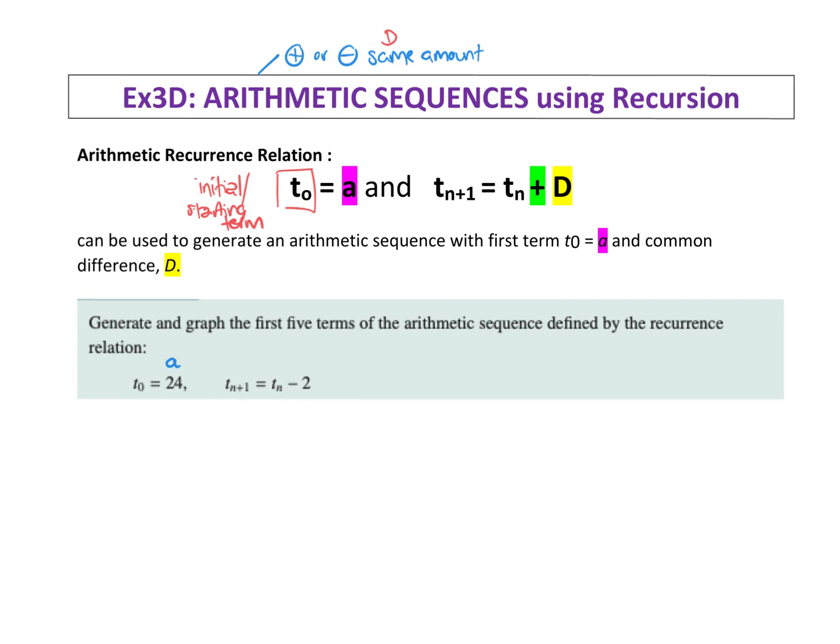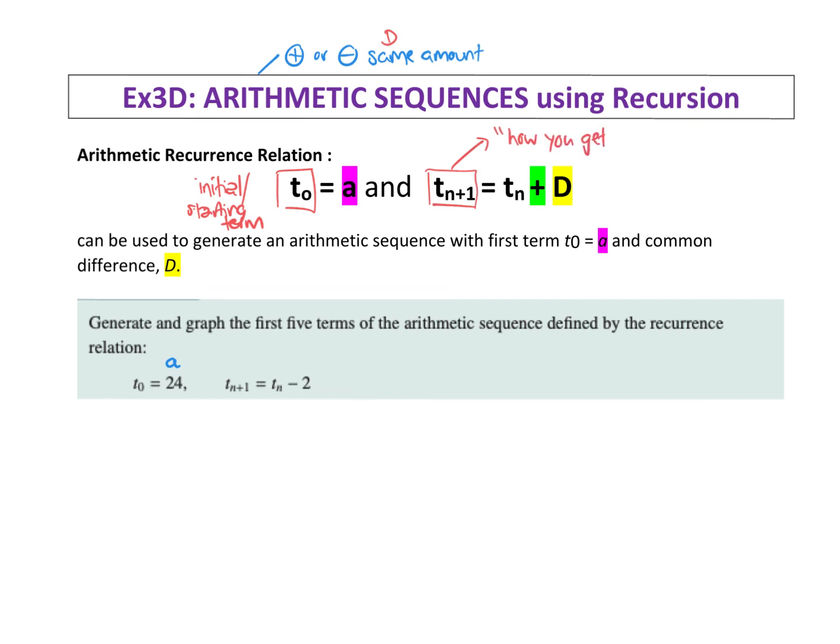Now, when we write a recurrence relation, we have this little statement here. That is just a way, instead of us saying you can get the next term, we use this symbol, okay? But you might just want to remind yourself, that's just the way of saying how you get the next term.